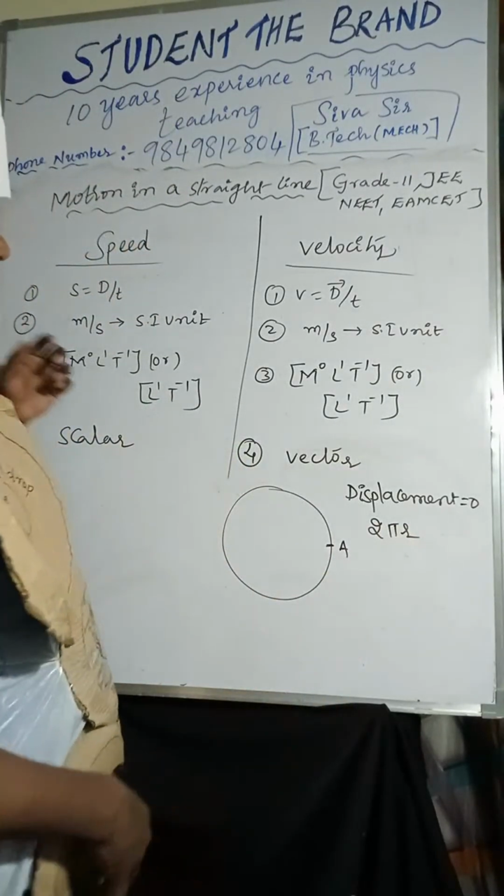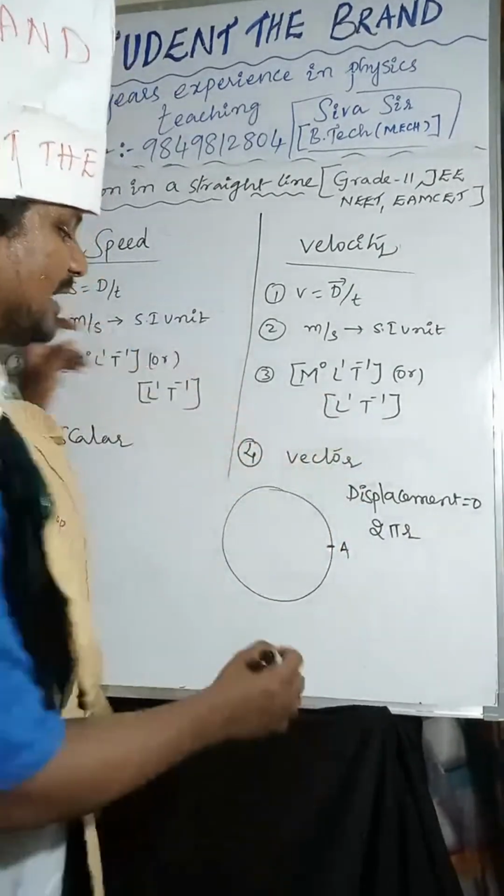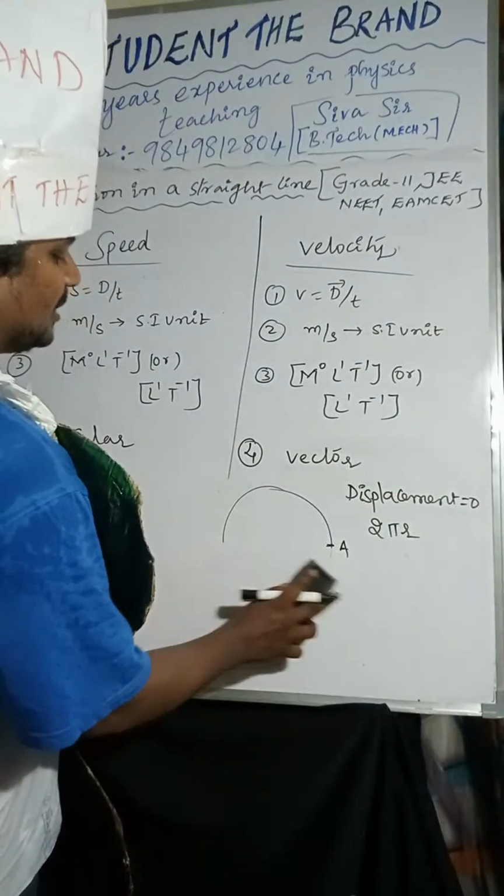A body travels half of the circle. If you take half of the circle, what is the distance and displacement?